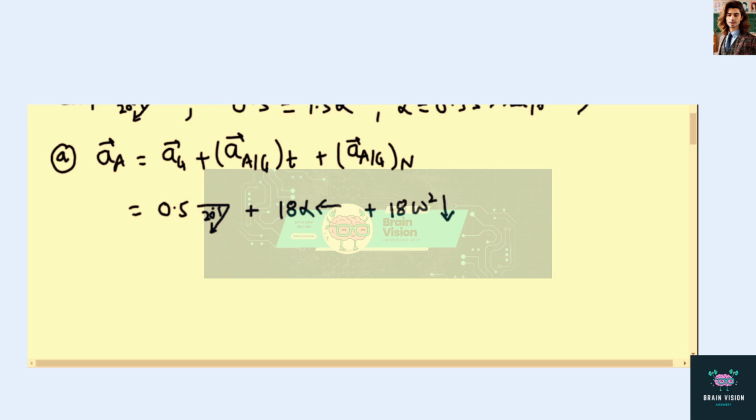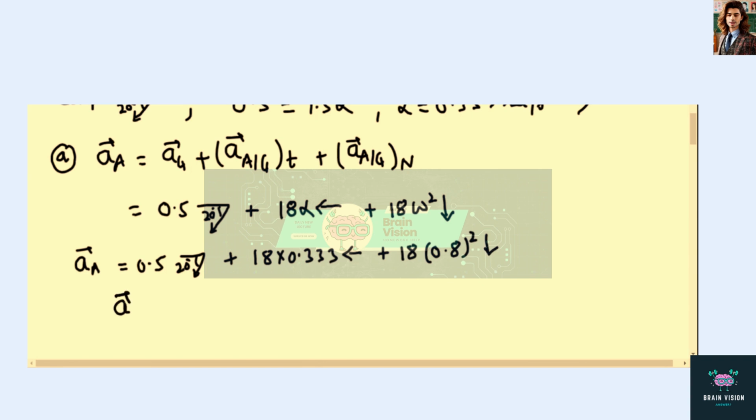Alpha you know is 0.33 towards left. Omega we have calculated as 0.8 radian per second.